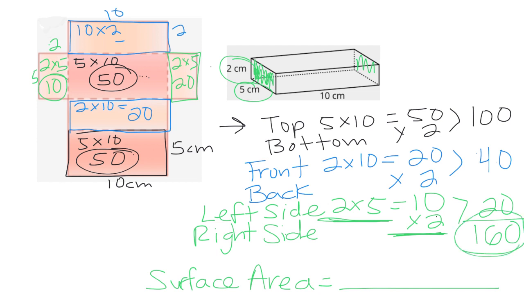Okay, so here's our surface area, 160 square centimeters. Okay, real quick here, I see something that I wrote wrong on our model, and it's right here. This should say 10. Okay, got it. Okay, looks good. 160 square centimeters is our total surface area.